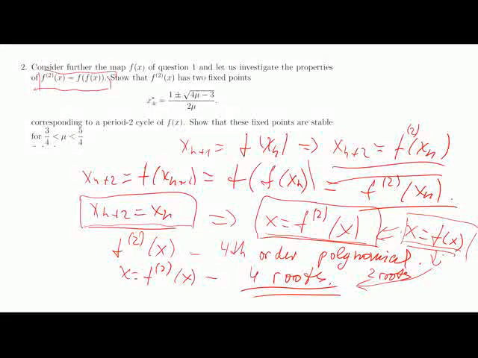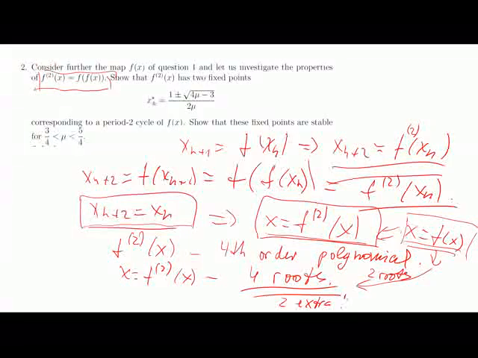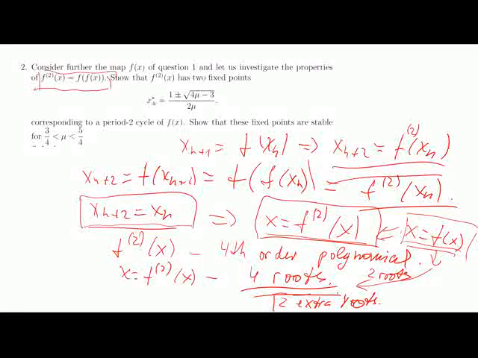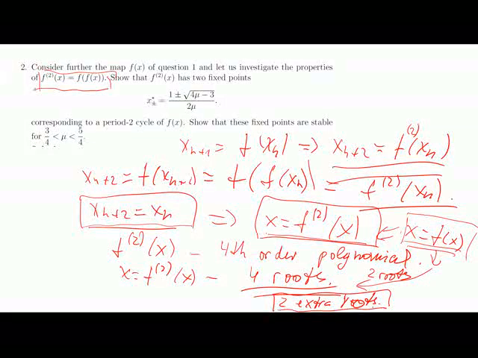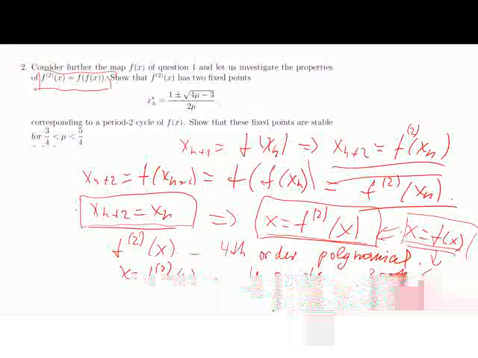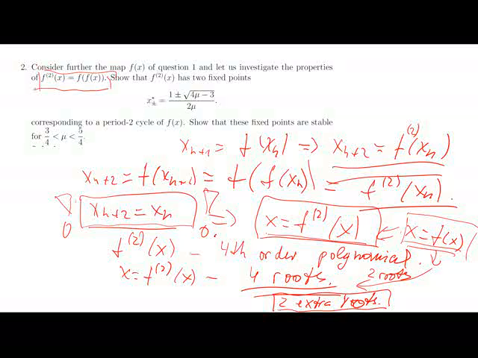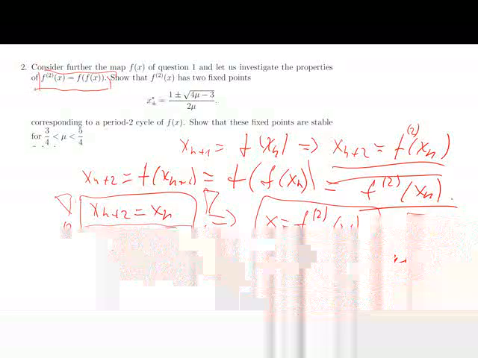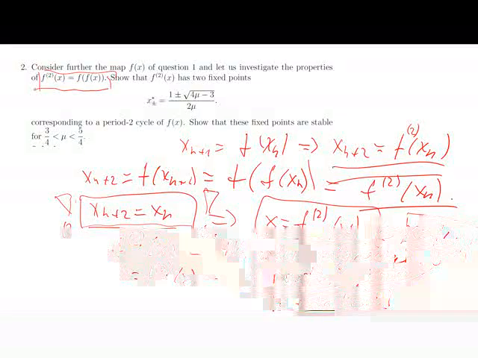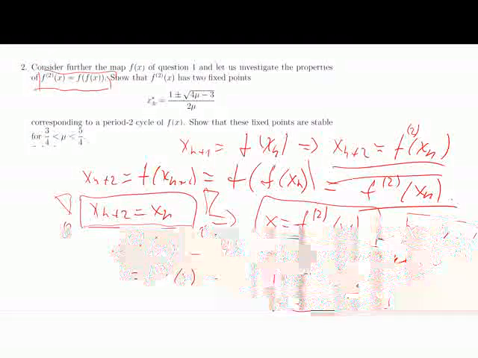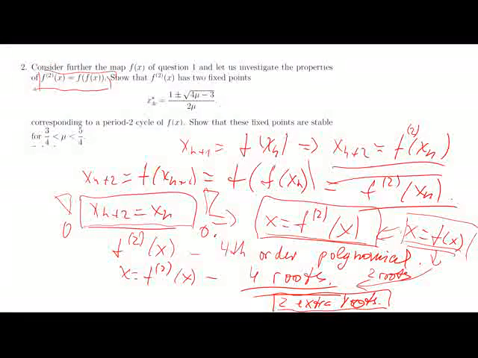But we have two extra roots here, and these two extra roots are proper 2 periodic solutions. So there are two roots which are just fixed points, and they satisfy the condition for 2 periodic solutions, but in addition to fixed points of our original map, we will have two extra roots. And these two extra roots will give you 2 periodic solutions. Did it make sense? Any question here? Is it okay?